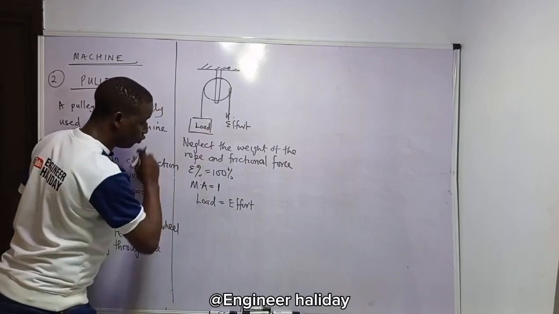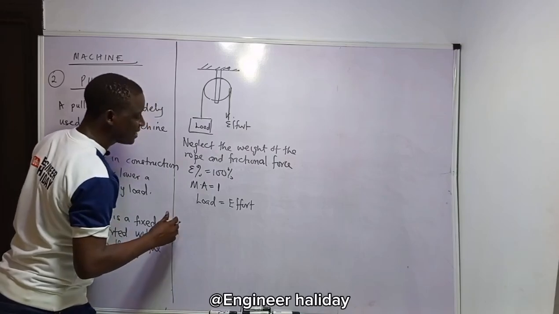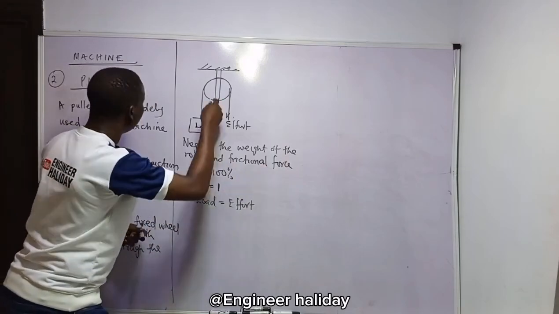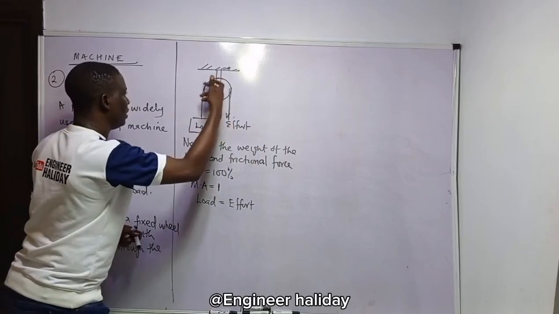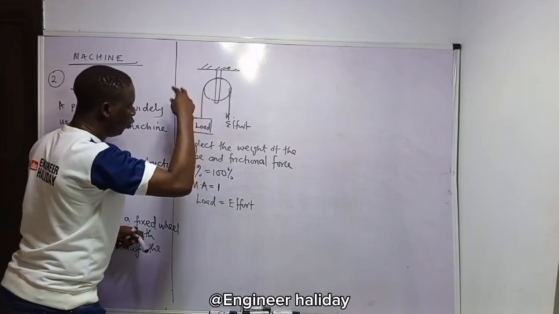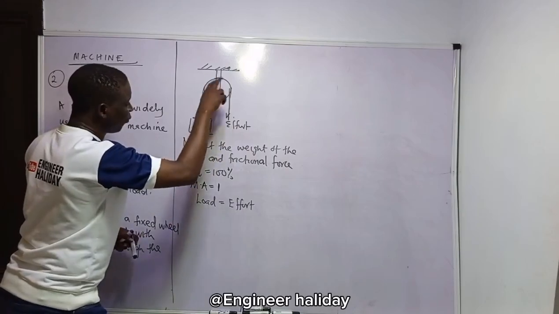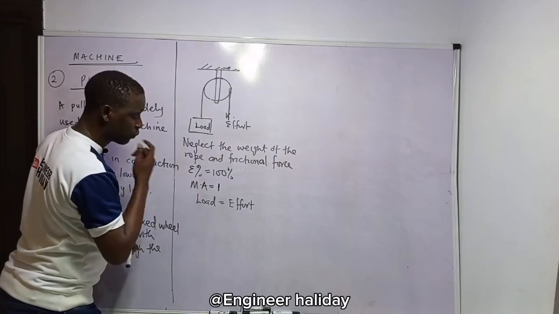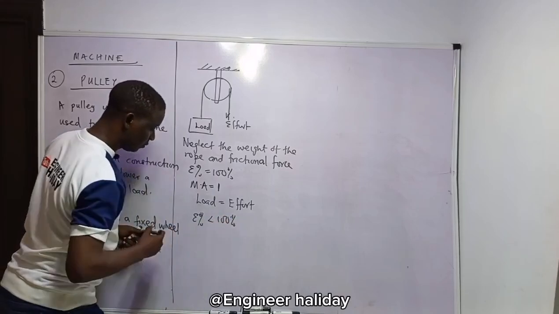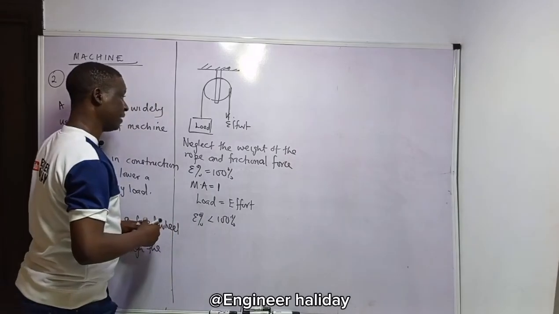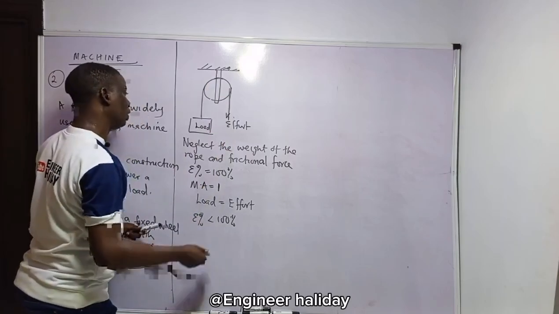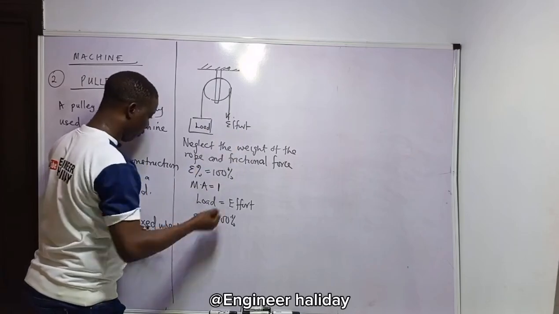In trying to lift that load, it will experience friction along the pulley. If the friction is not neglected, it will hinder the rope from rolling freely, so the efficiency will be less than 100%.